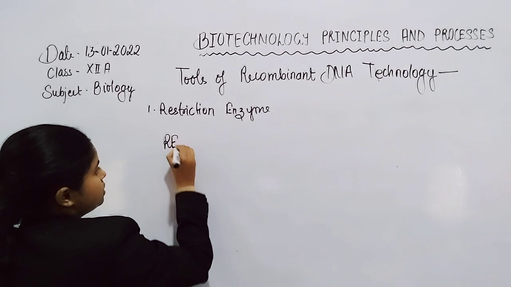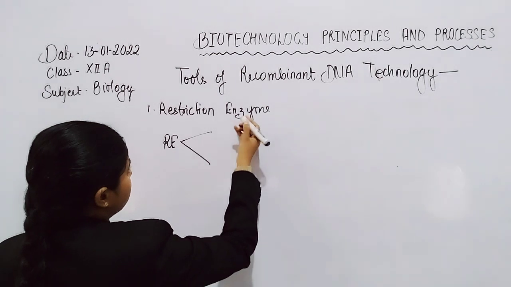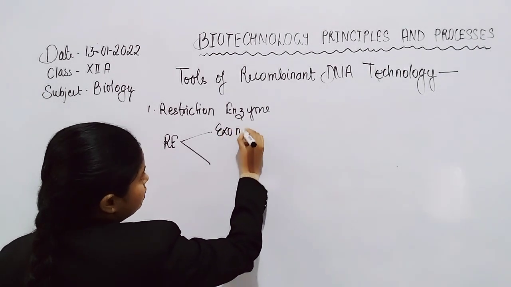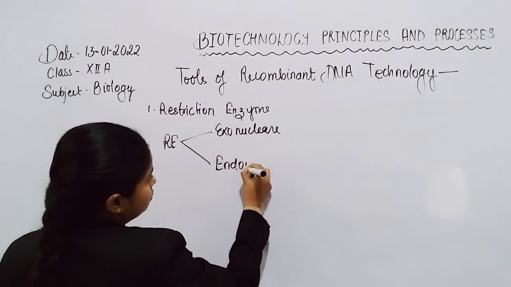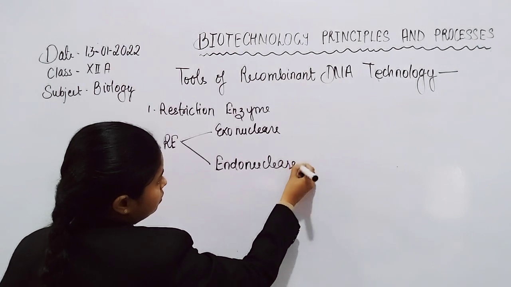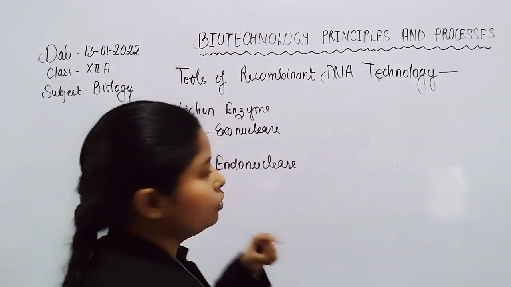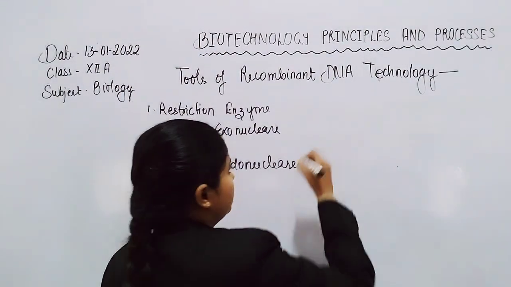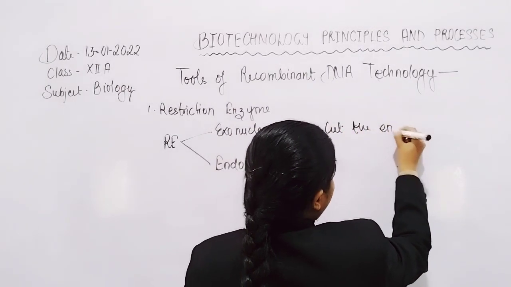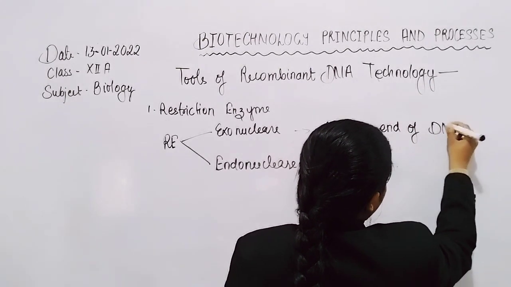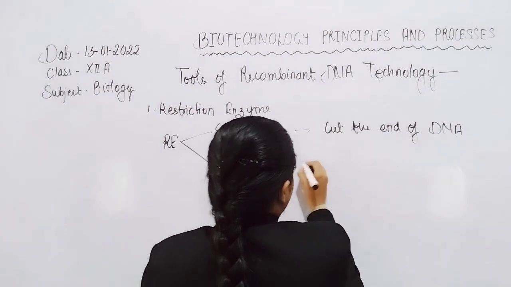Restriction enzymes are of two types: restriction exonuclease and restriction endonuclease. Exonuclease cuts the end of DNA, whereas endonuclease cuts the DNA in the middle.